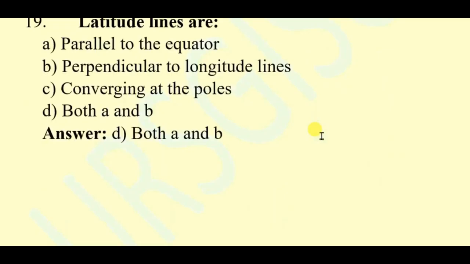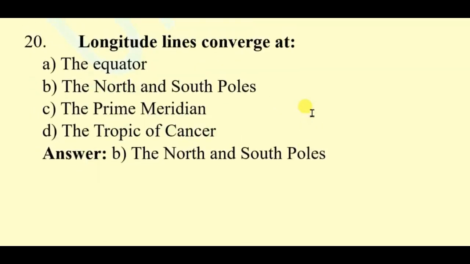Latitude lines are parallel to the equator, perpendicular to longitude lines, converging at the poles, both A and B. Here the right answer will be both A and B, because they are parallel to the equator and perpendicular to longitude lines. Question 20. Longitude lines converge at the equator, the north and south pole, the prime meridian, the Tropic of Cancer. Here the right answer will be north and south pole.